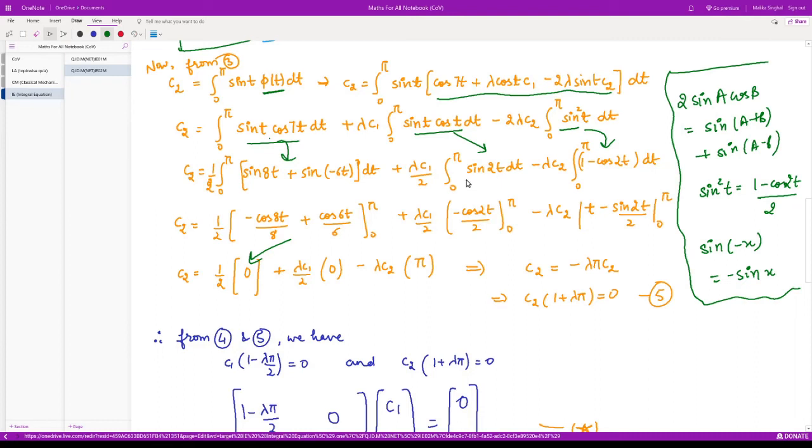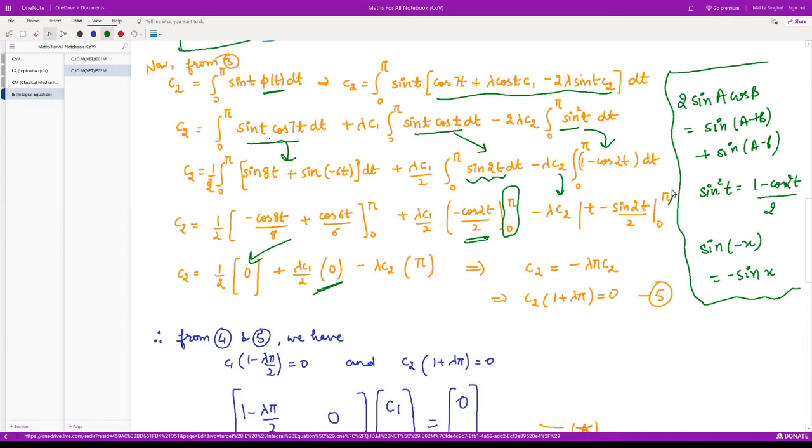Moreover, let us integrate this. It would be minus cos 2t upon 2. The limits are from 0 to pi. When we substitute the limits, again we have cos 2 pi minus cos 0, so that would be 1 minus 1, which would be 0. The third term would be the constants as they are. Then we have the integration of 1, which would be t, and the integration of cos 2t would be minus sine 2t upon 2.